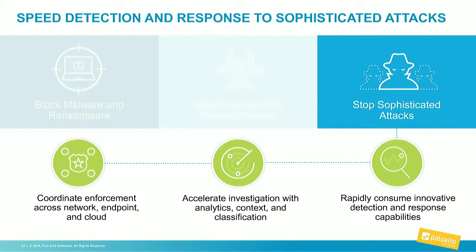So having rich network, endpoint, and cloud data centralized in a single service where you can apply analytics, context, and classification is critical to be able to quickly and accurately identify threats and then just shut them down. Now, the platform that consolidates this threat information and log data needs to be able to adapt to new applications as well as new threat intelligence feeds, and also to be able to extend its capabilities as new services are developed to ensure you're staying ahead of your adversaries.